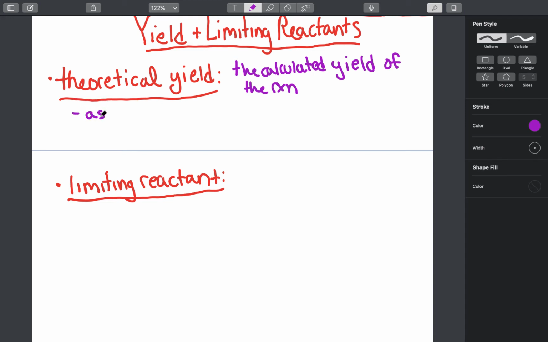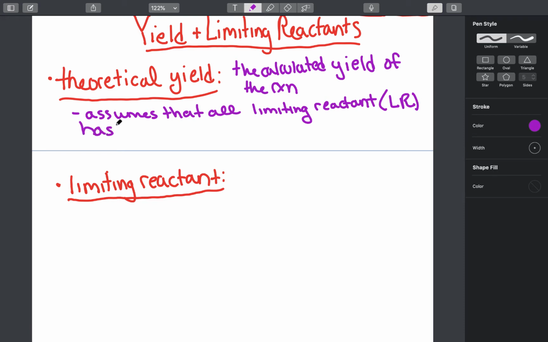It assumes that all limiting reactant, so from now on I'll symbolize limiting reactant as LR, has been used.